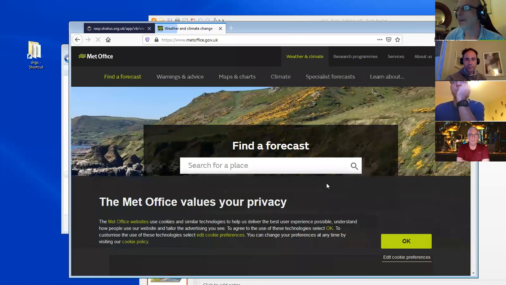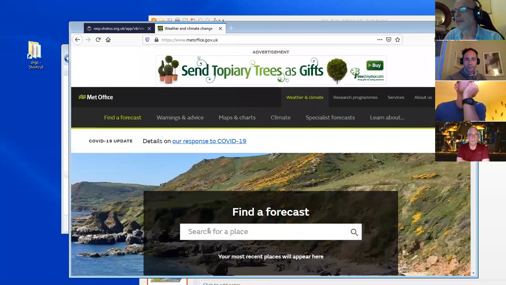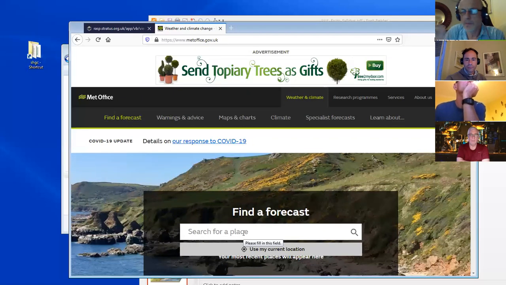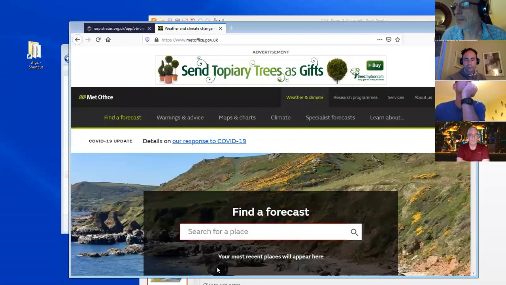So let's take the coast. Let's take Lewes, East Sussex.